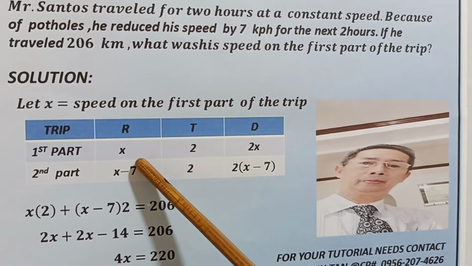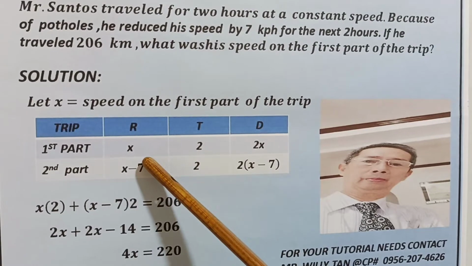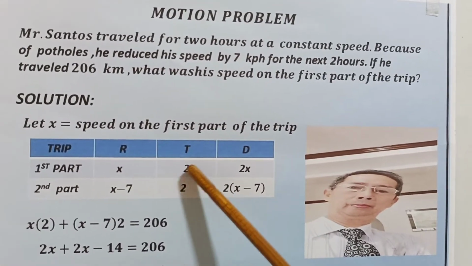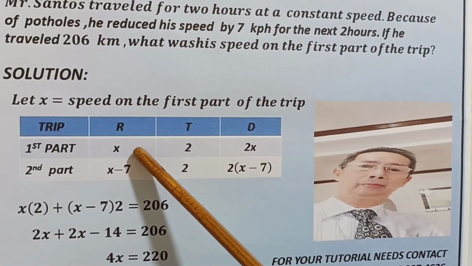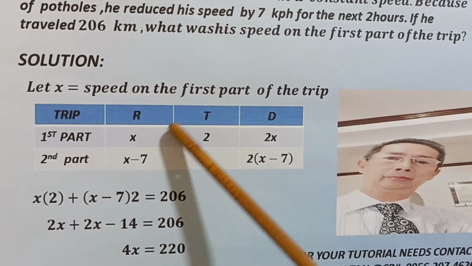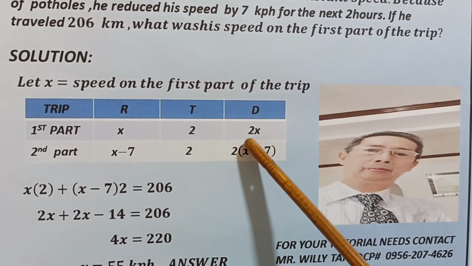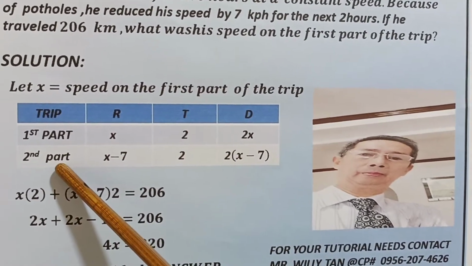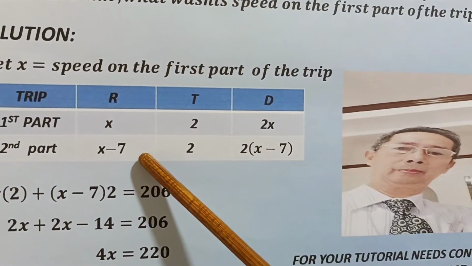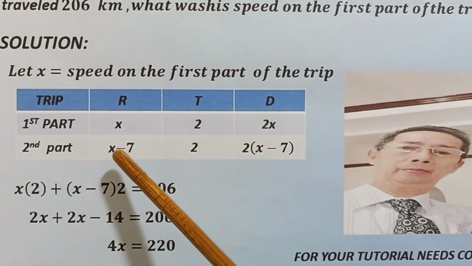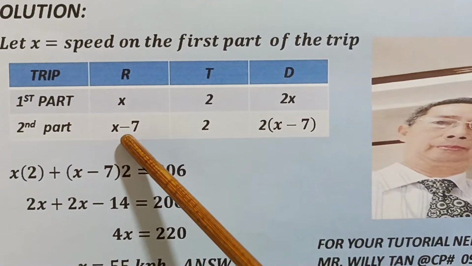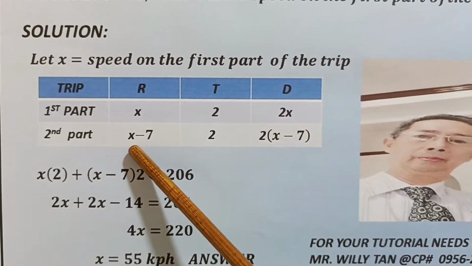For 2 hours, he maintains this constant speed, so the distance traveled, rate times time, is 2x. For the second part, when he reduces his speed by 7 kilometers per hour, we must subtract 7 from the first rate, which is x.